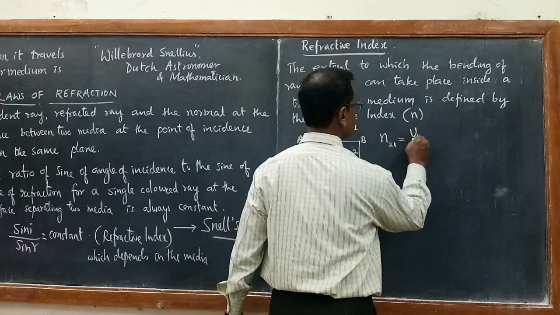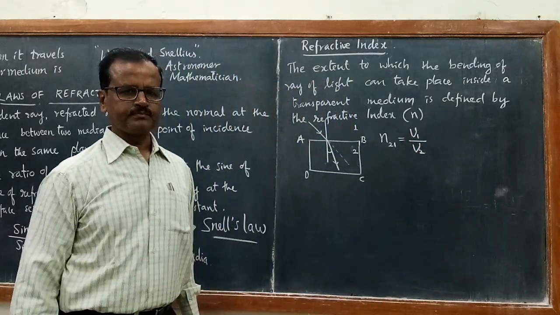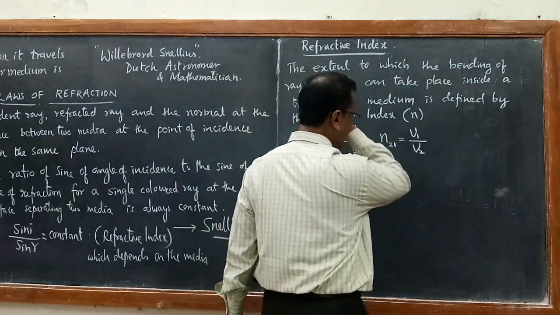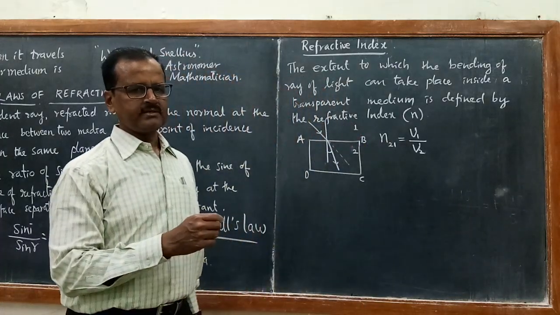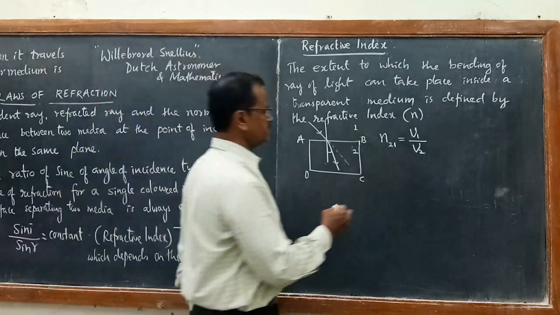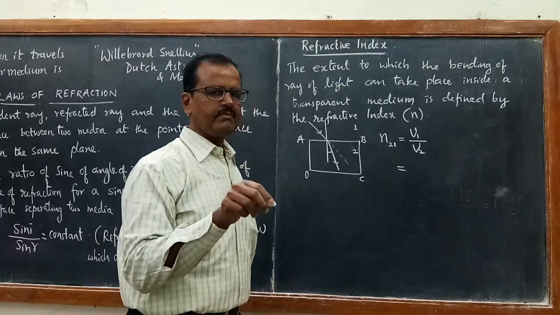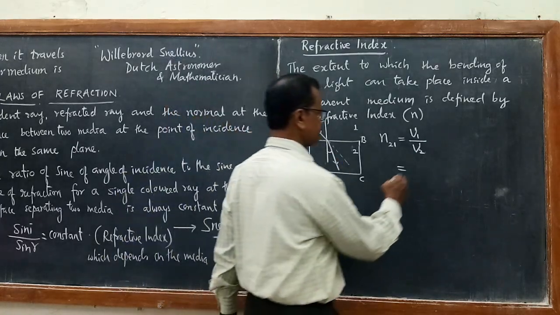If V1 is the speed of light in the rarer medium and V2 is the speed of light in the denser medium, then this ratio is called the relative refractive index of the denser medium with respect to the rarer medium.